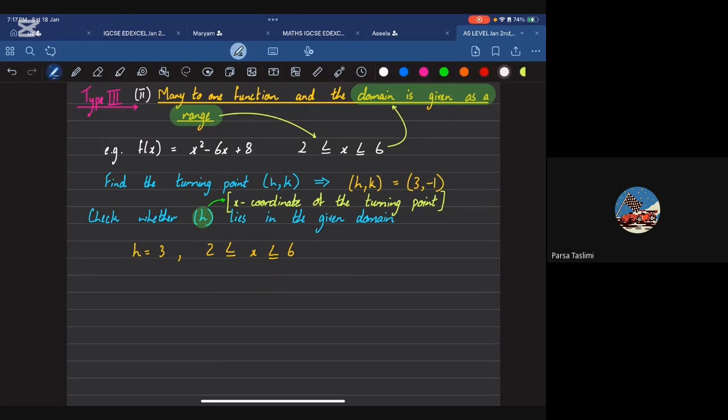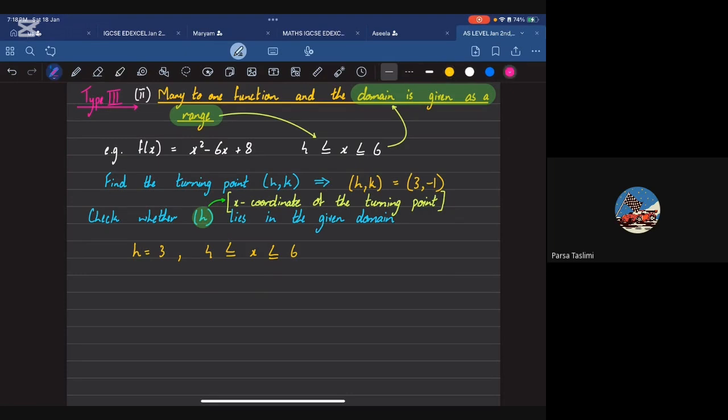What if your given domain is, for example, 4 and 6? That means that the x coordinate of the turning point of your function does not lie in the domain.